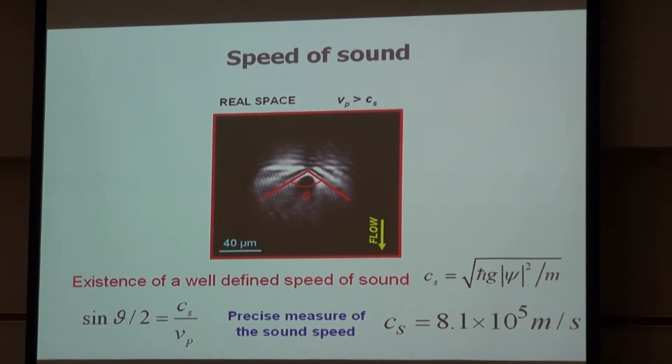But here, the fact that not only the scattering disappears in the subsonic case, but that we observe these Cherenkov waves in the supersonic regime gives the full check of the predictions. And here we have a speed of sound which is in good agreement with what can be deduced from these parameters.